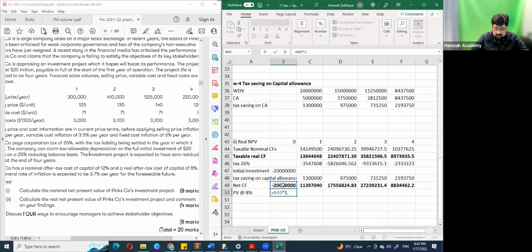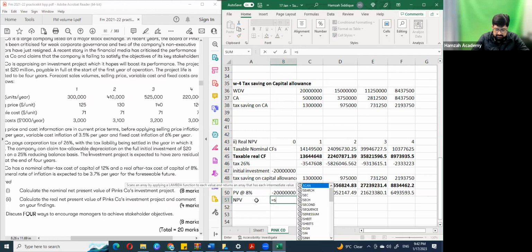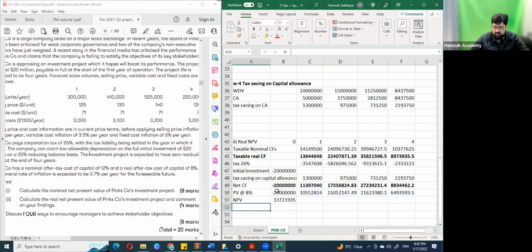This into 1.08 raised to power minus this. This question was not under plan today in the lecture plan, but I thought because it is getting linked, let us do it immediately. NPV sum from here to here.